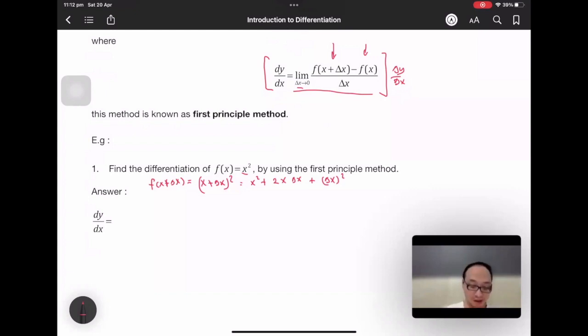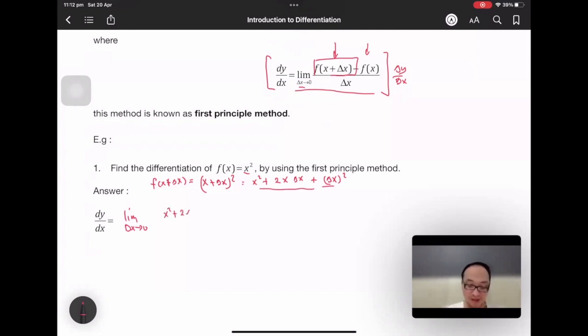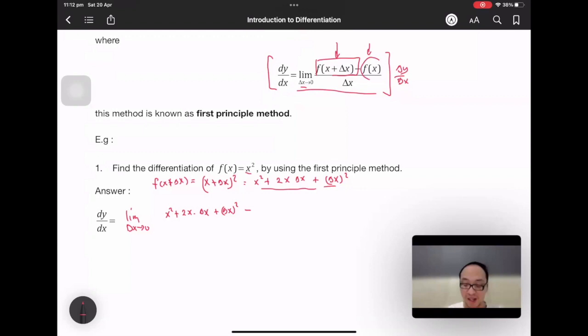So if we use the method, this is the limit for delta x approaching zero of f(x plus delta x), so this is x squared plus 2x times delta x plus delta x squared, minus f(x), so minus x squared, divided by delta x.